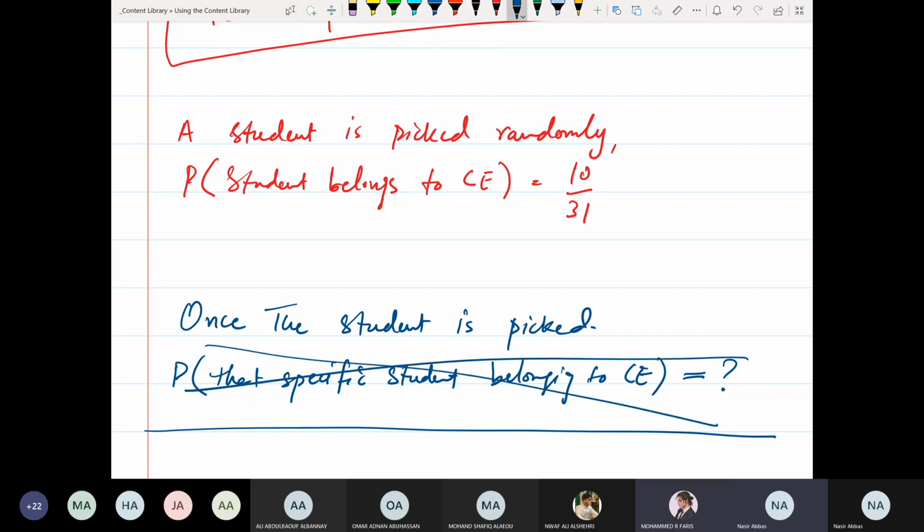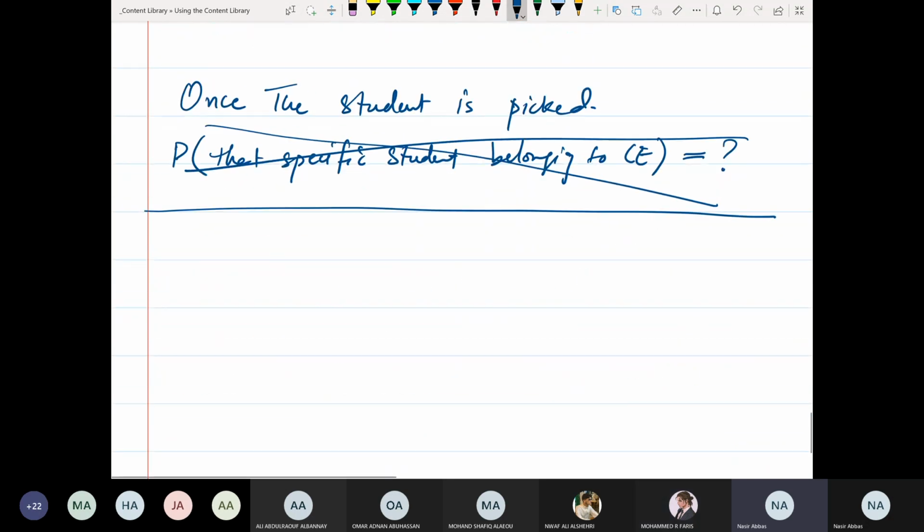But we still don't know if he belongs to CE or not. We will ask him. After asking him, we will know whether he is from CE. After collecting the data from Nawaf, we will know. Okay. Now let's come back to this formula.